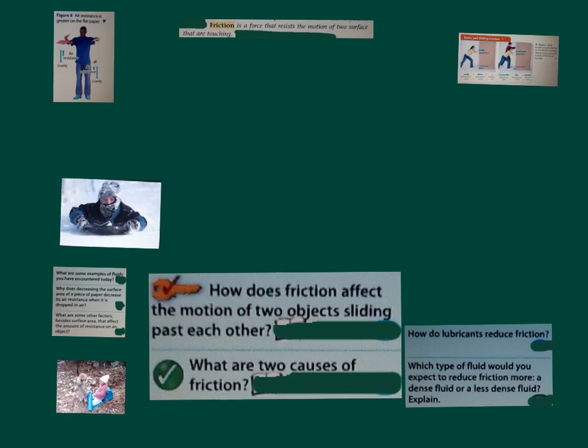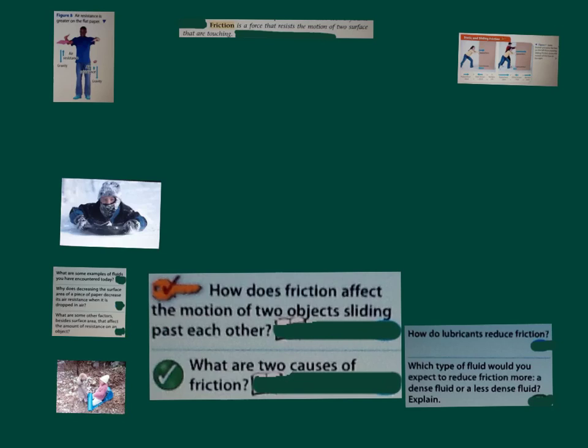Okay, so now what we're going to talk about is reducing friction. Remember rubbing your hands together, and when they're dry, they create more friction, which is kind of heat that heats up. And the soapy hands that you had when you rubbed them together slid past each other a lot easier. We also need to remember that friction is caused by bumps and dips on surfaces, and that includes your hands.